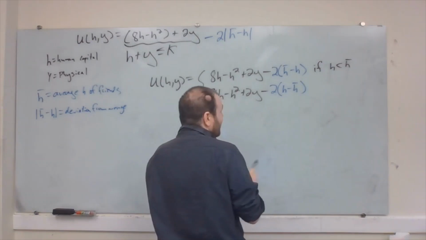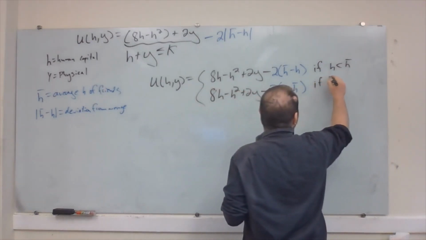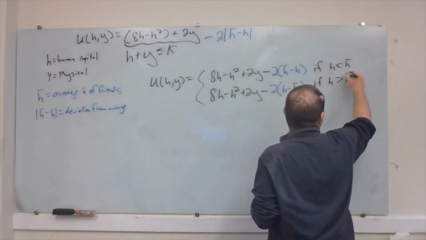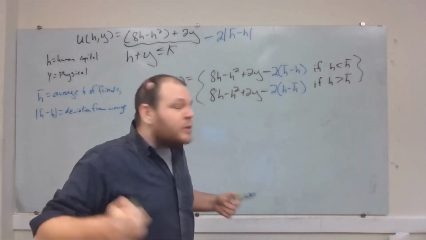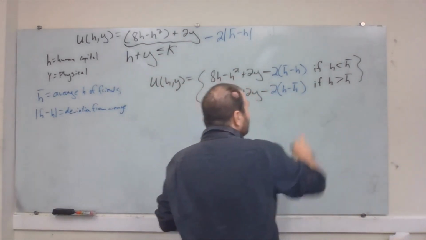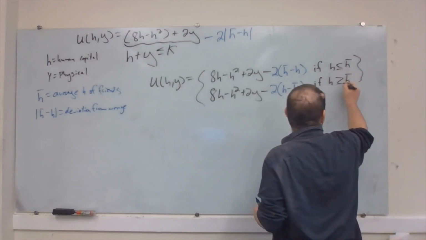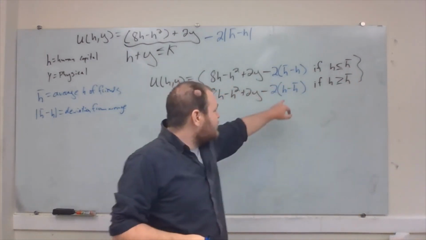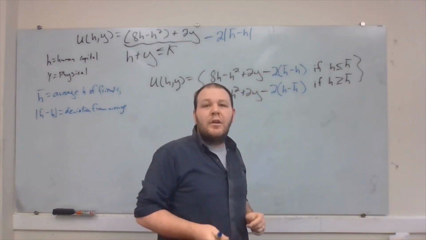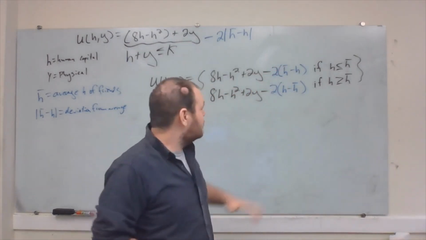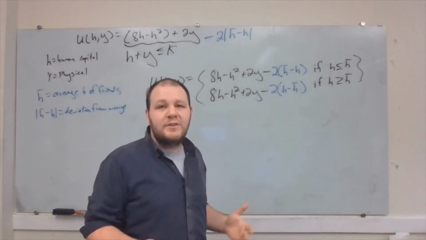This is the situation where h is greater than h bar, where you're embarrassed about being such a nerd. And of course, there's a third situation that we could stick on either one of these, which is where h is exactly equal to h bar, in which case you don't face any social penalty at all. You're not embarrassed about being too good in school. You're not embarrassed about being too bad in school.